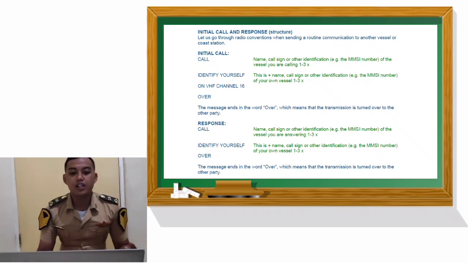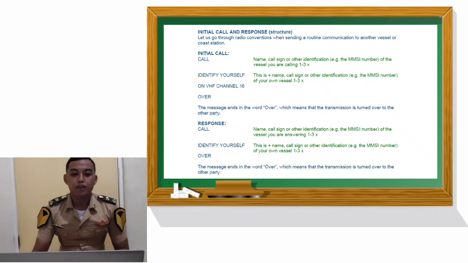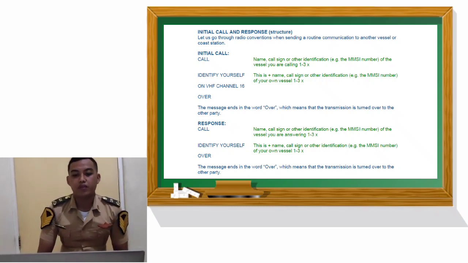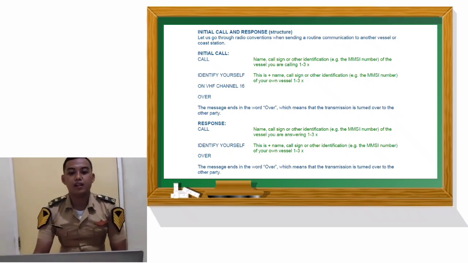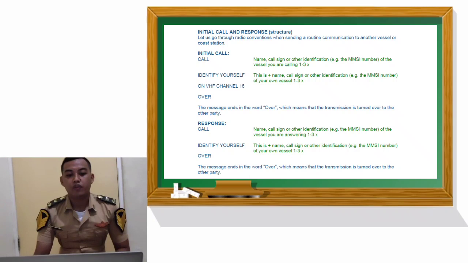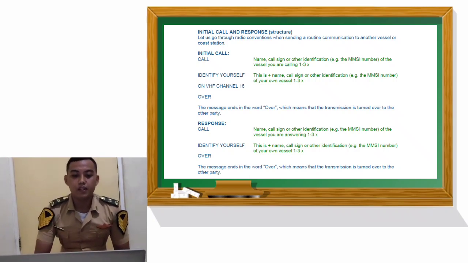Sometimes in the initial call we can also ask about other things, such as making sure the other party can hear well, or talking about the channel, and spelling with the alphabet, especially for spelling the call sign. For example: Motor vessel Diamond Castle, motor vessel Diamond Castle, India Romeo Sierra Lima, India Romeo Sierra Lima.